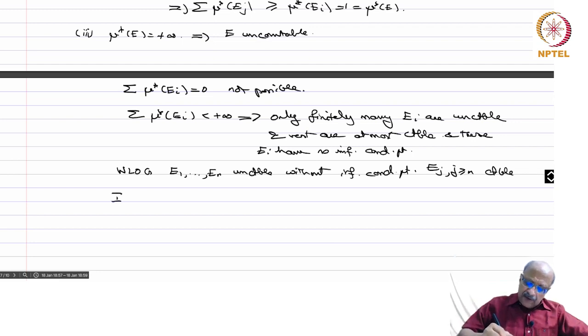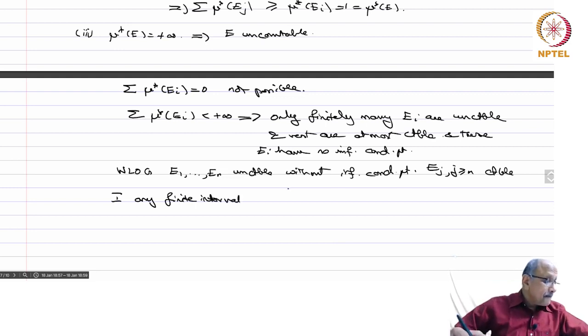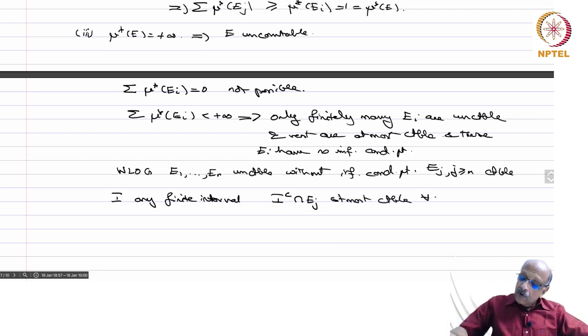So if I is any finite interval, I complement intersection Ej is at most countable for all 1 less than or equal to j less than or equal to n, and in fact also for all j bigger than n. So this means that I complement intersection E is at most countable.